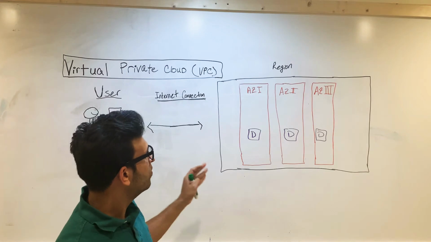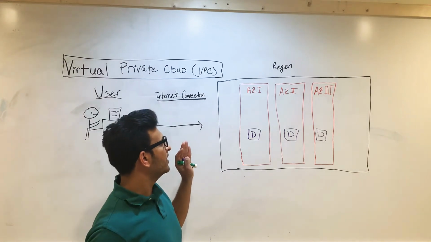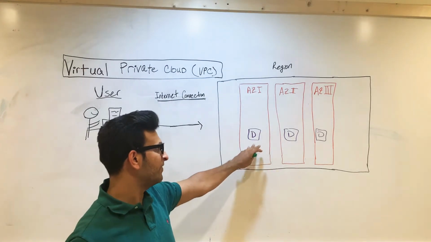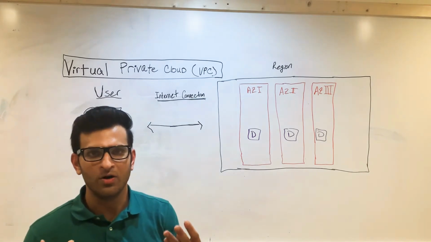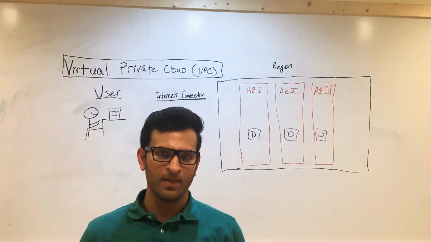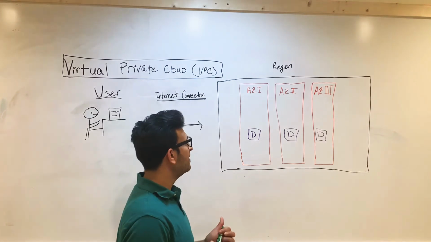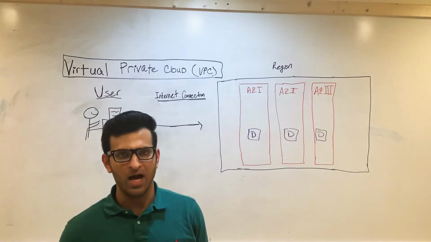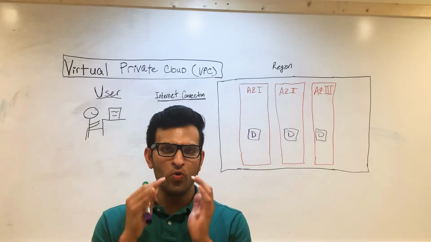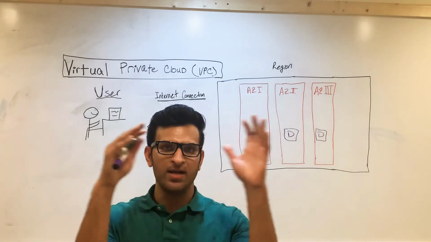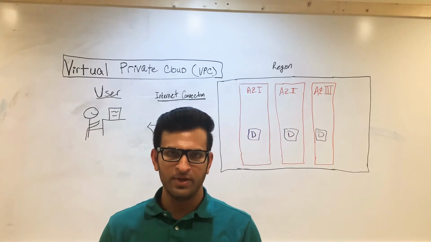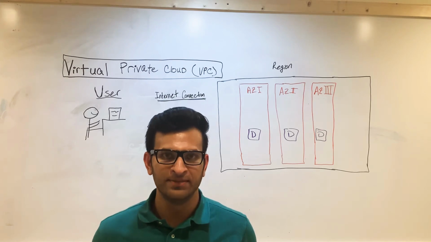So in order to get closer to accessing this file, you need something called a VPC, right? So a VPC, remember, is a piece of the cloud. It is your own chunk of the entire AWS cloud, right? So think of it like Facebook, right?